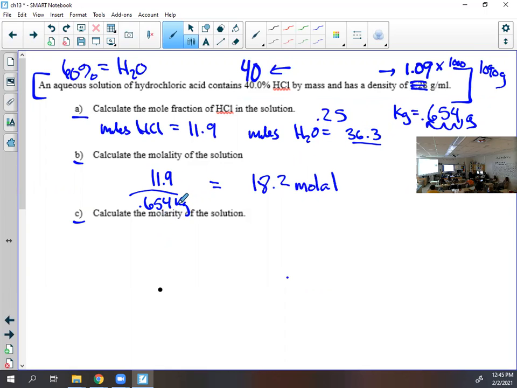Molarity: since we decided to do this with 1,000 milliliters or 1 liter, it was pretty easy. We ended up with 11.9. You basically just find the moles in the beginning of the process, by assuming we have a liter of the solution, and then using the percentage to find the mass of the solute, converting it to moles. That tells me how many moles I had per 1 liter.